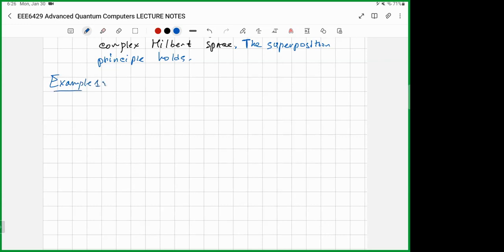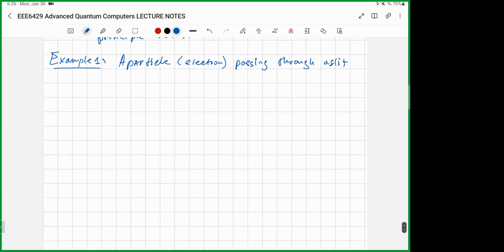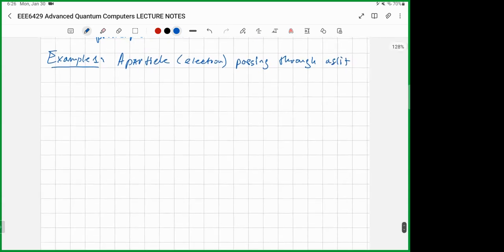As example one, let's consider a particle like an electron passing through a slit. Right, this is the famous experiment.